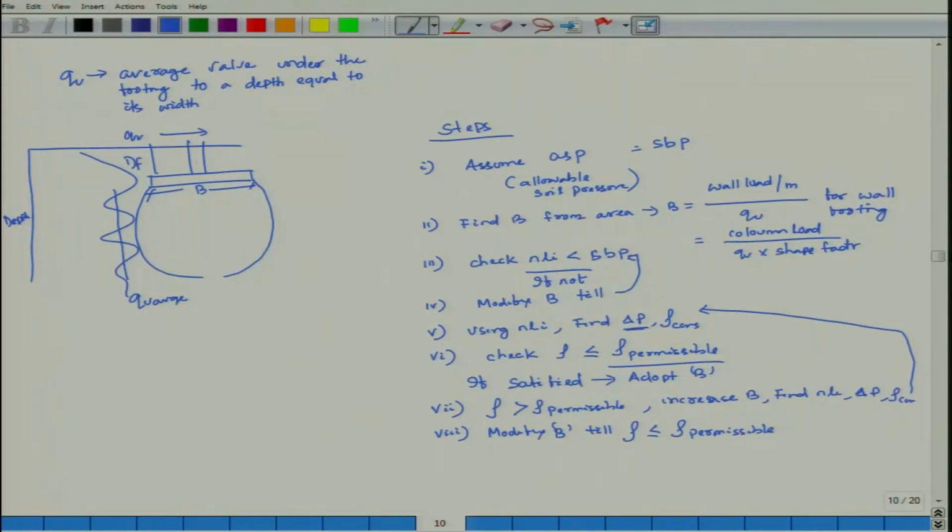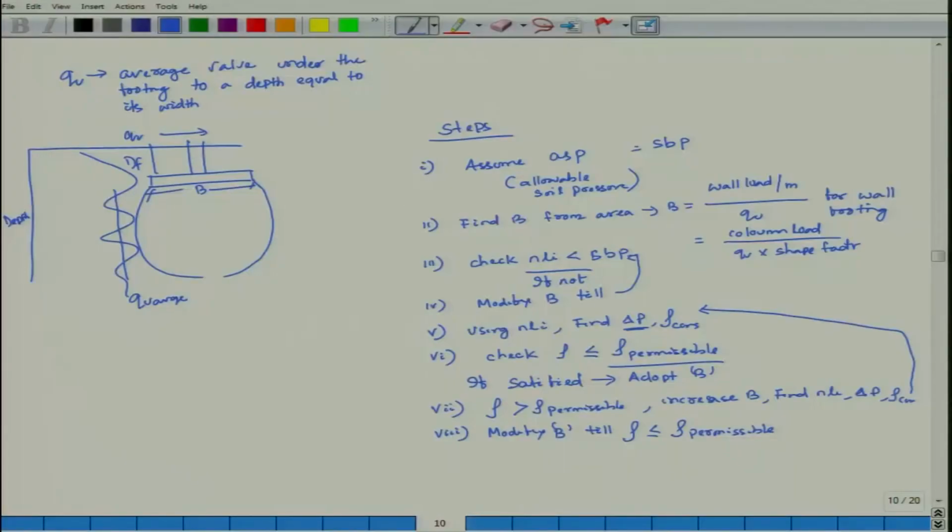So, let me summarize and slightly explain it. Afterwards we will solve one design problem, which will be better for your understanding. Assume allowable soil pressure is equal to soil bearing pressure, where QU average has been taken.